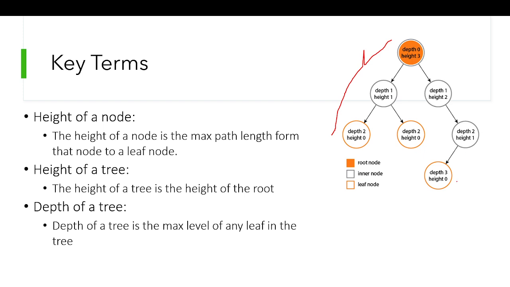So this has 3 steps. So the height of the root node is 3. Now the nodes that are at level 1: the height of this node is 2 because it has to pass 2 steps to reach the leaf node. The height of the tree is the height of the root.